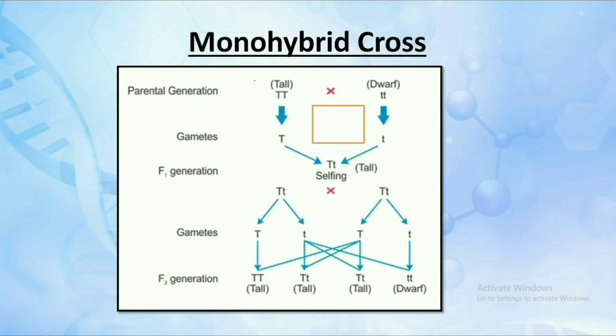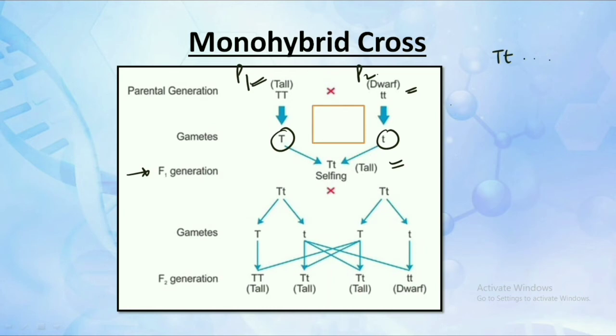In the parental generation, the parents were taken as homozygous for the tall and the dwarf characters. This was parent 1 and this was parent 2. The gametes that were formed were capital T and small t. And in the F1 generation, we had all of them as tall plants. They were all heterozygous for the combination.